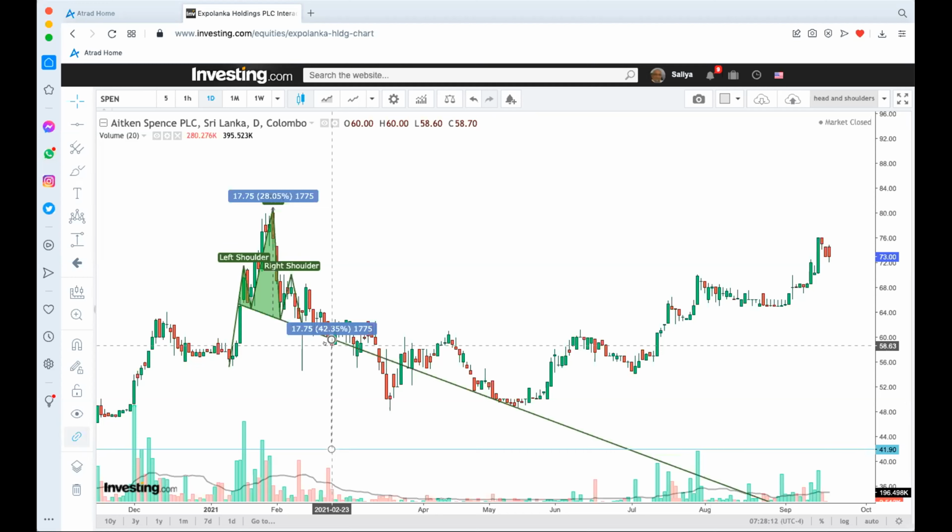Then there's a drop. Then we are waiting for the next rally where the right shoulder swing high is going to happen, right? Then we will understand whether this is a head and shoulder formation that is taking place, right?